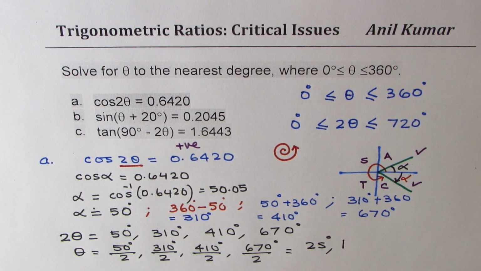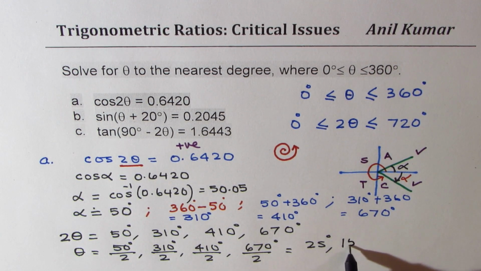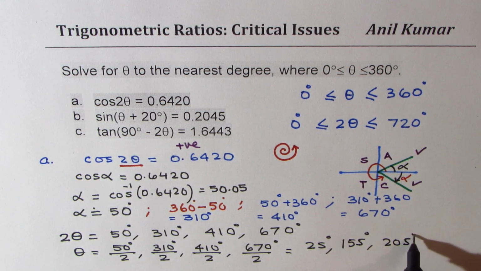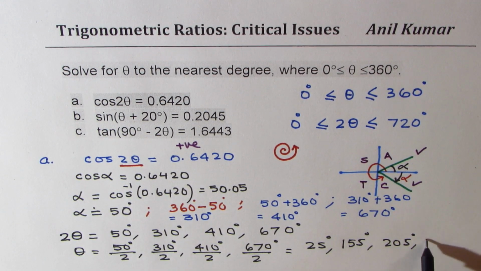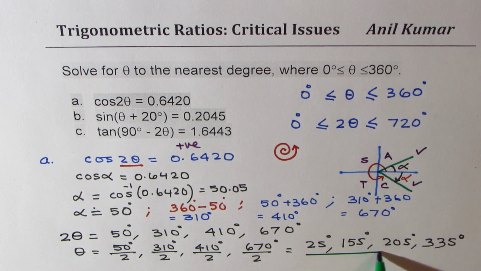Which is 155 degrees, 205 degrees, and half of 670 gives you 335 degrees. Correct? So these are the 4 solutions for part A.